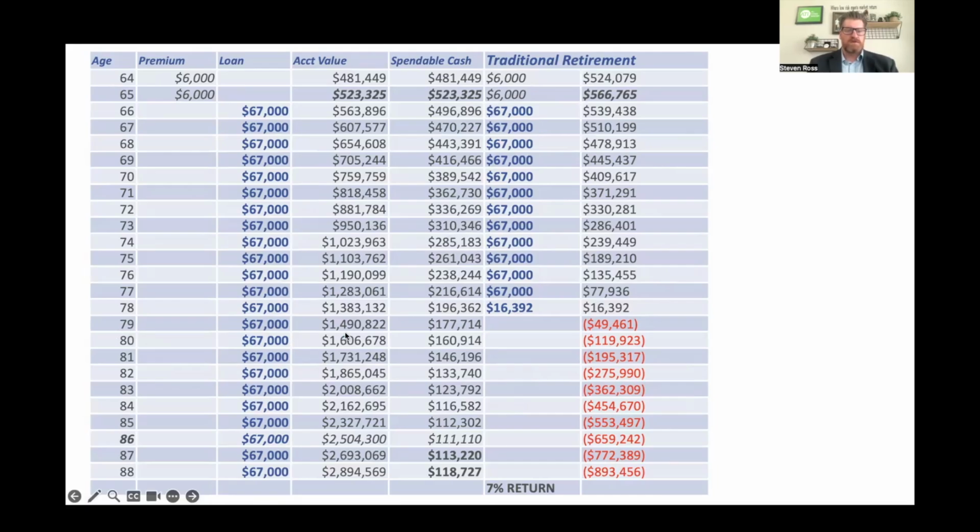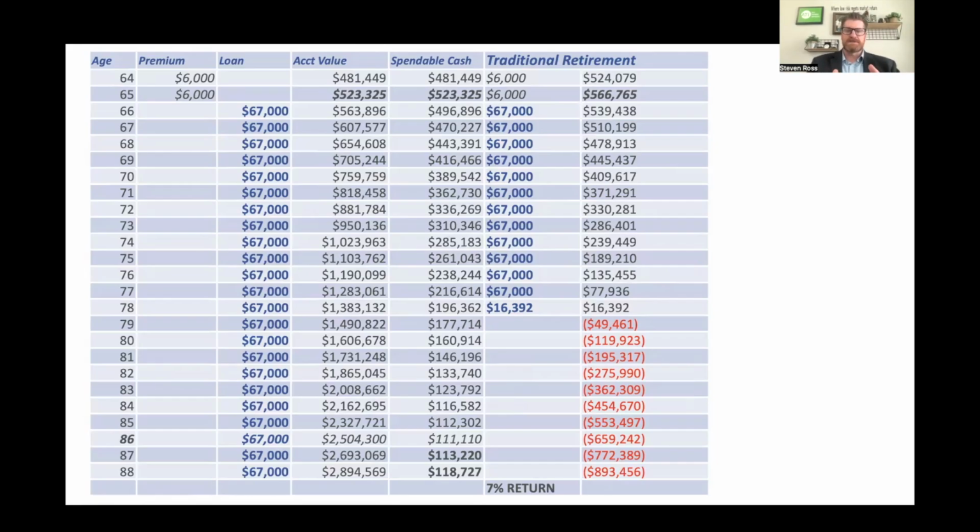Your account value now has grown to 1.6 million, but you have this spendable cash column. This is your equity, the difference between your mortgage and the value of your home, to kind of use an analogy here. So basically what we're saying is that we have a 1.5-ish million dollar mortgage, and my account value, or home, is worth 1.6.